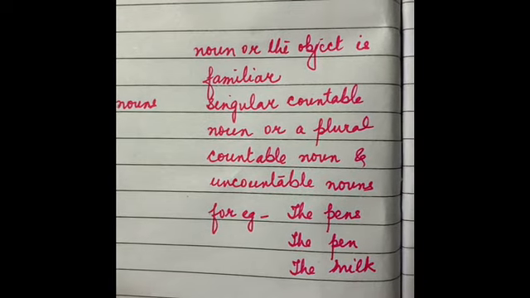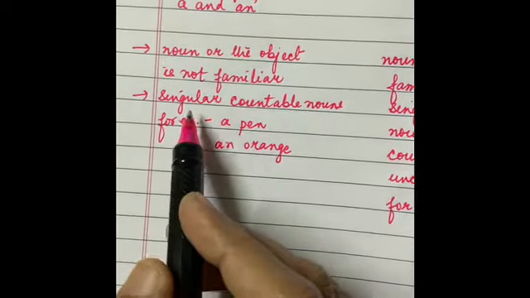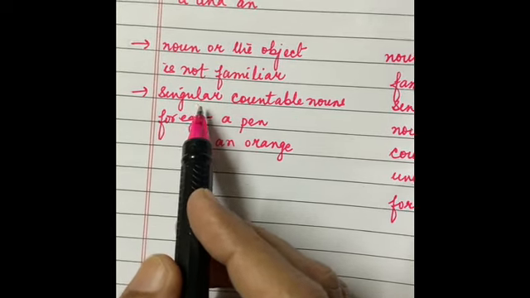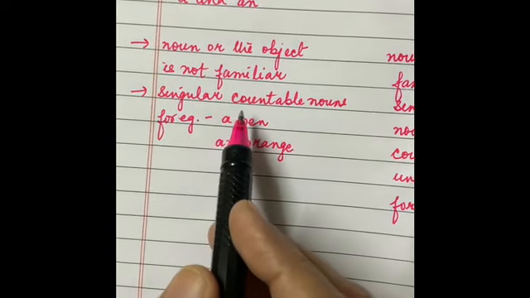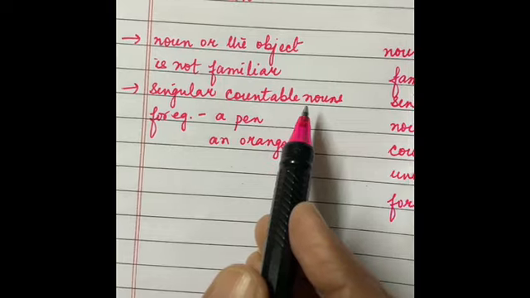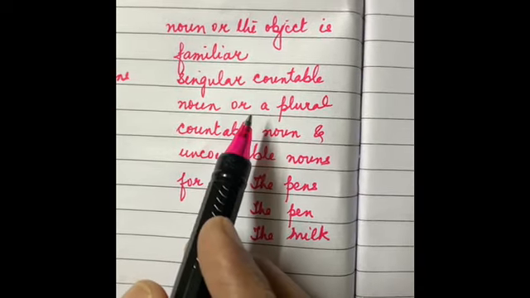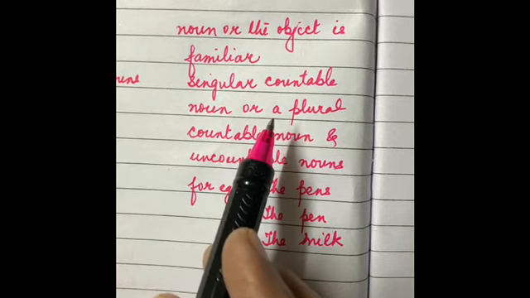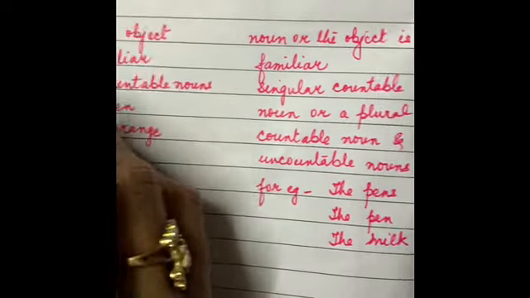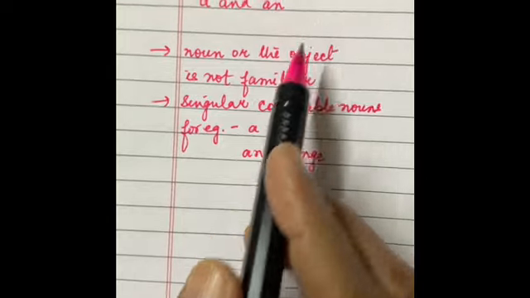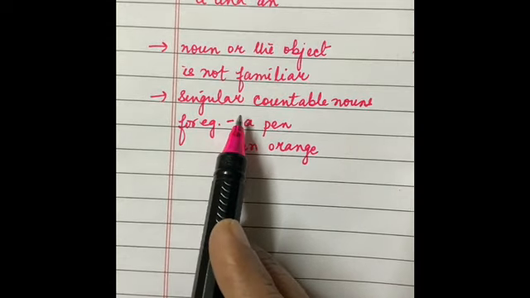Now the second difference. A and an are used for singular countable nouns, while the definite article the is used for the opposite. Let me tell you, a and an are used with singular countable nouns.